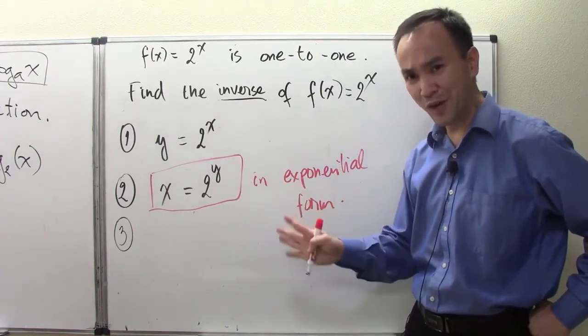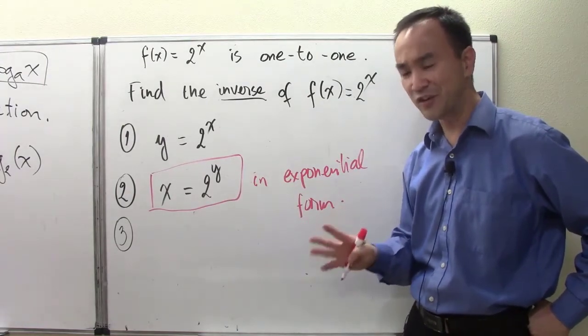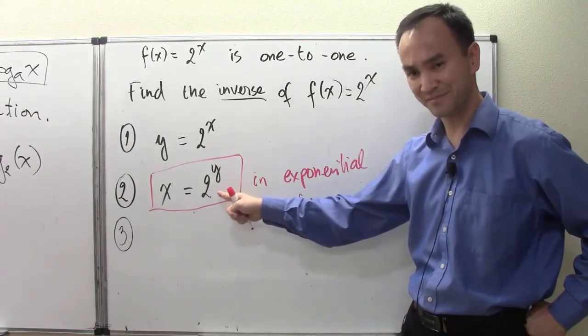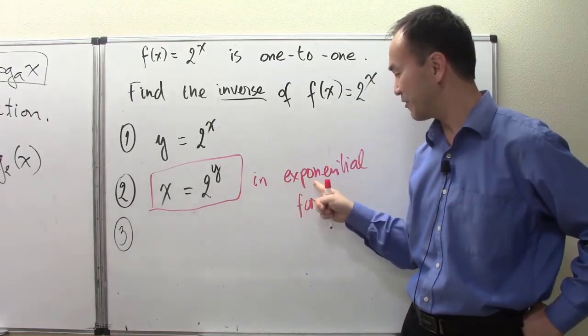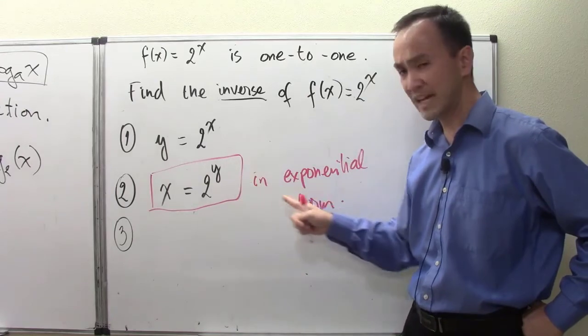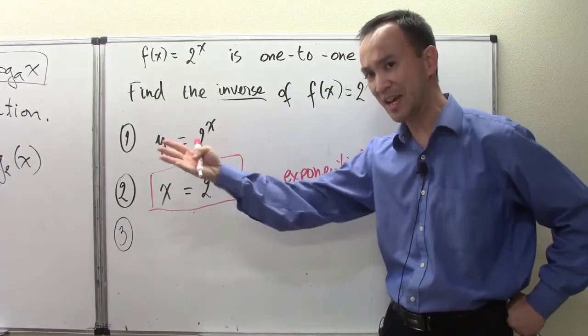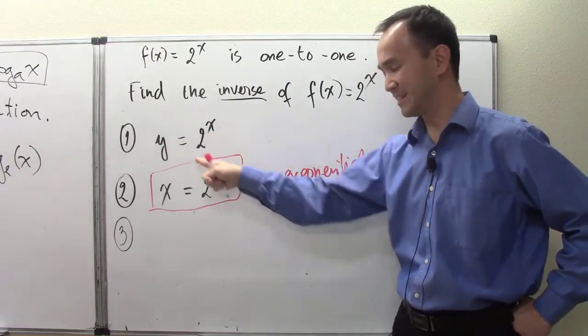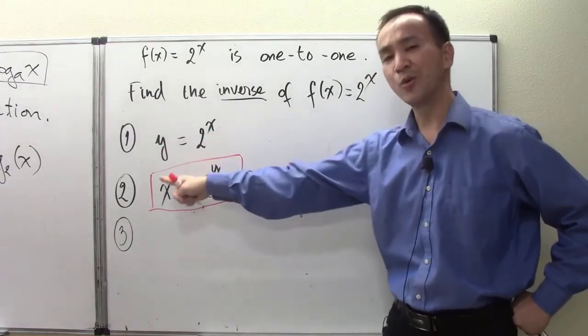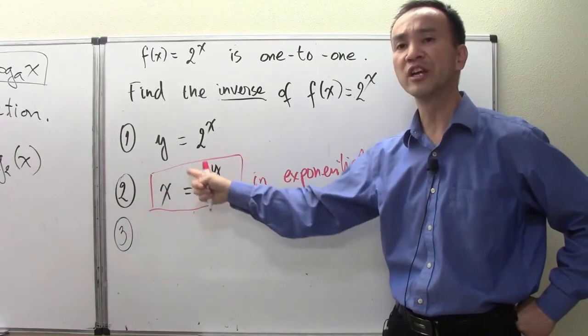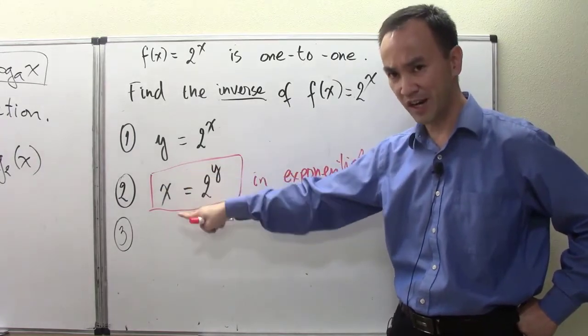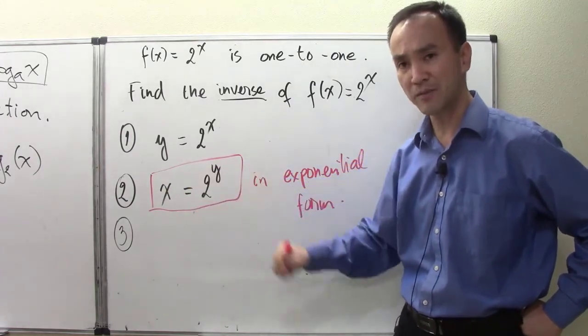Somewhere in the lecture where I introduced logarithms, I mentioned that anytime we have an equation in exponential form, and we have done some examples of this kind of problem, we can rewrite the equation in logarithmic form.